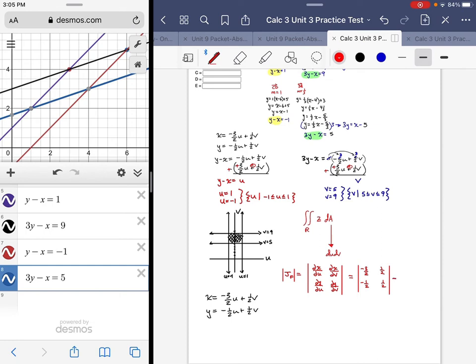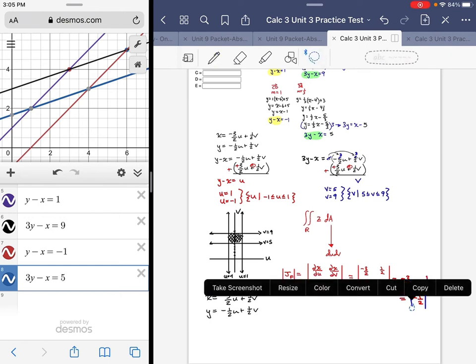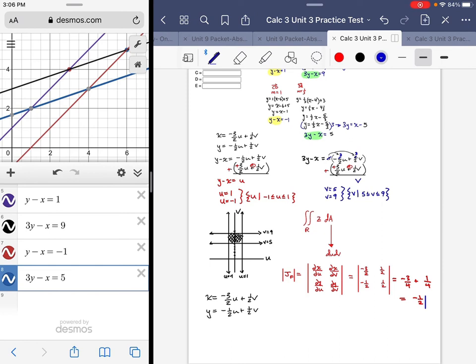We are looking at -3/4 on the downswing, on the upswing, minus negative, so +1/4. So that's going to be -1/2. But we want the absolute value on that, which is going to be 1/2.